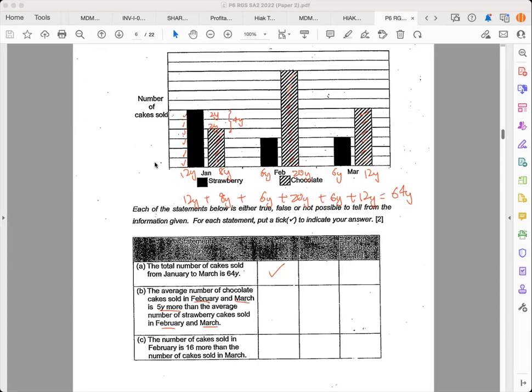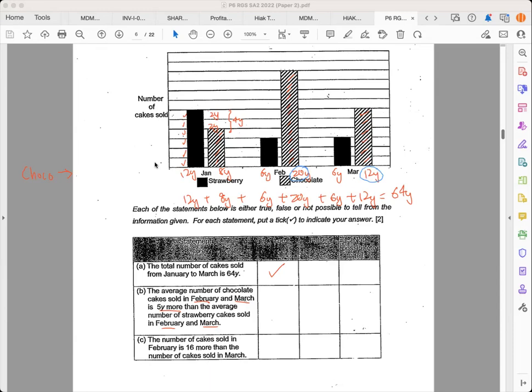So let's look at the chocolate cakes. February will be 20y and March is 12y.